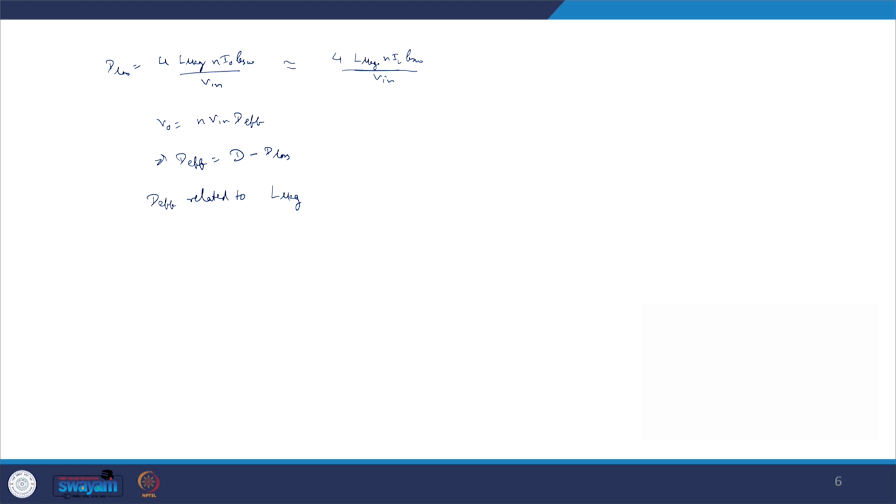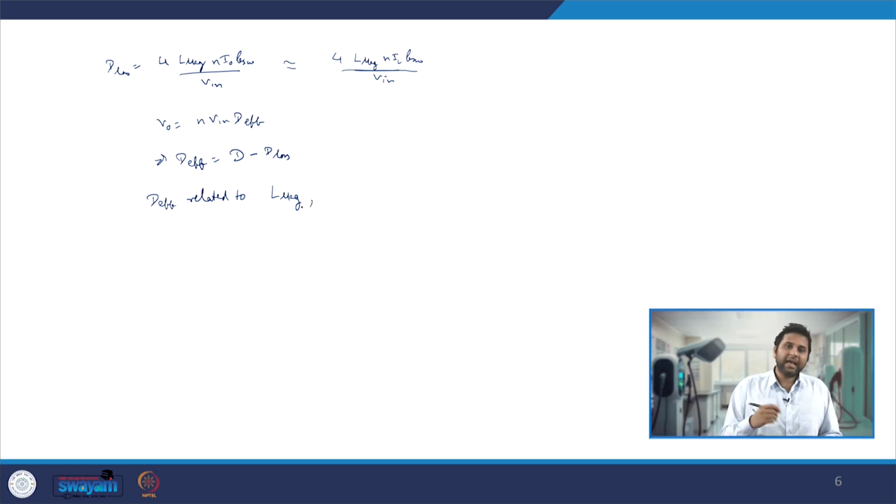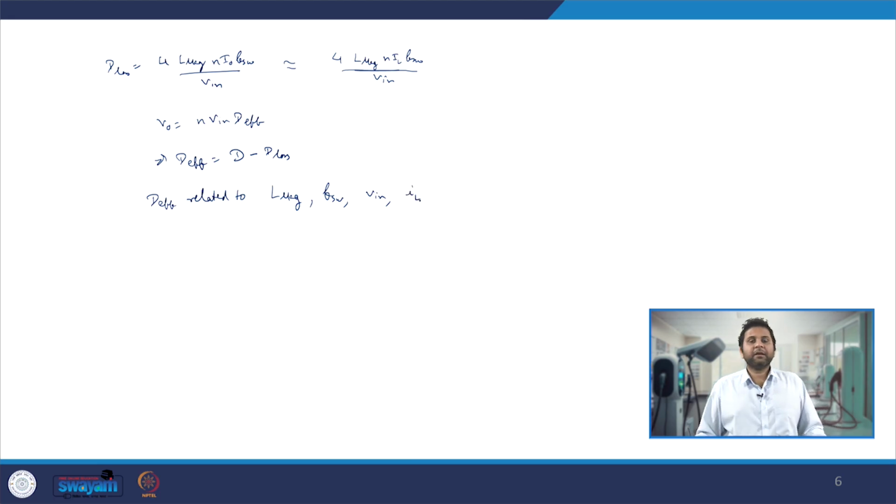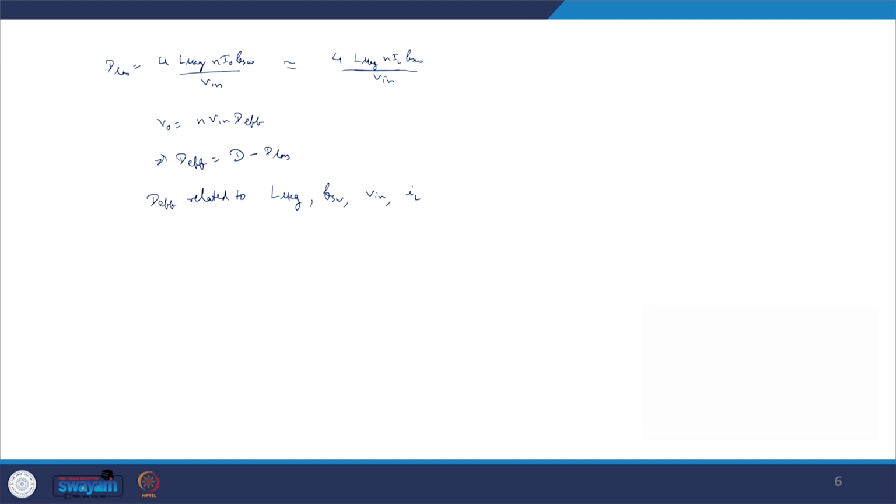Now we can say that the D effective is dependent upon the L leakage, the switching frequency Fsw, the V in voltage, and the current through the IL, which has some average value. So the D effective is effectively dependent upon or related to L leakage, Fsw, V in and IL.